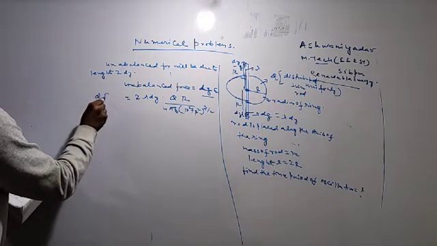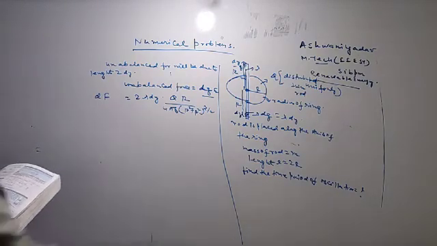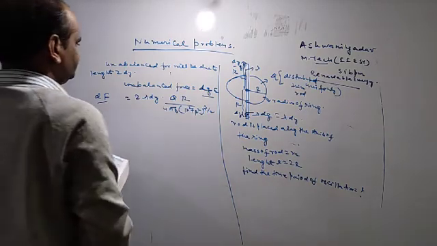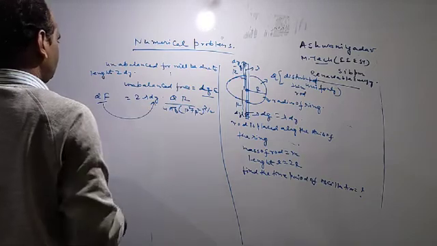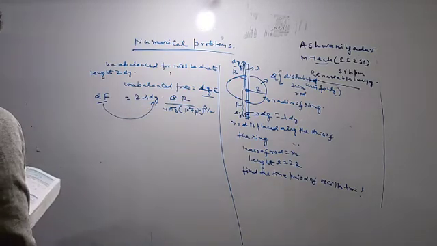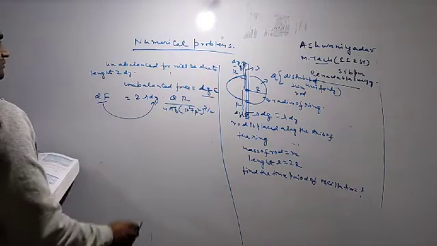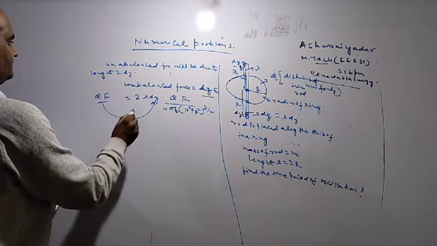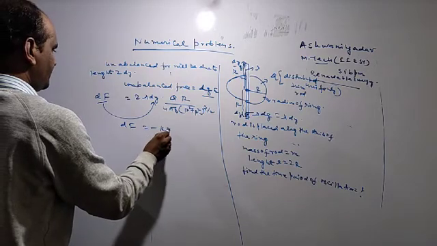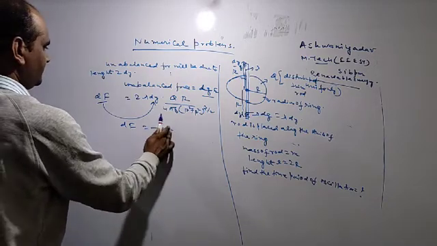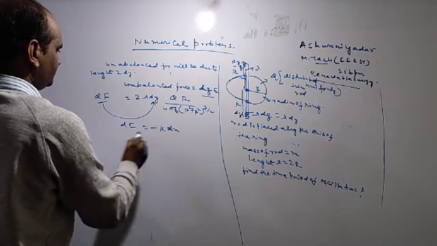So we have df, a small force df. You see, df is proportional to dy. That df is equal to minus kx, k dx, small x.